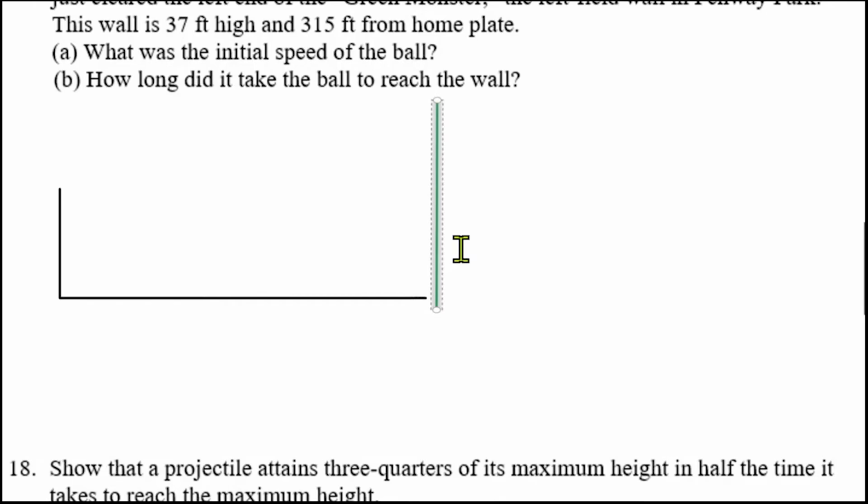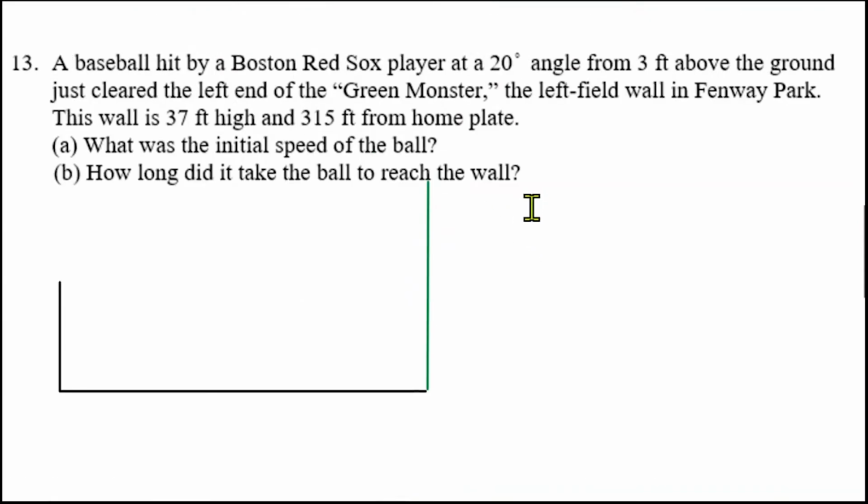Here's my keyboard. It's charged. So I'm gonna move this thing like that. That's the Green Monster. And then it just clears. I'm gonna make the Green Monster a little bit lower so we can draw the picture.